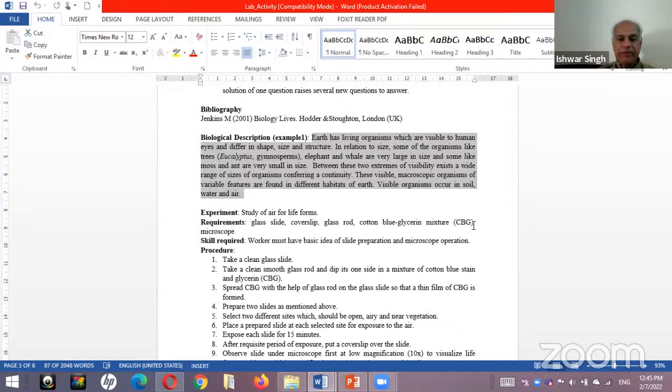For example, here I have given one situation in the form of one description, and if you go through this description, you will find that it is giving some hint to the student in the form of the observation. For example, Earth has living organisms which are visible to human eyes and differ in shape, size and structure. So this is one statement related to the observation.